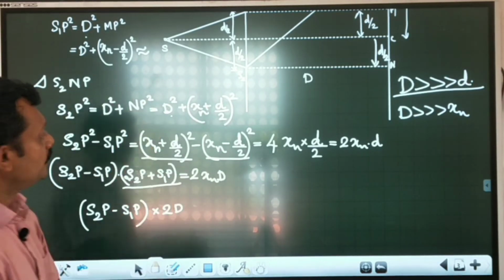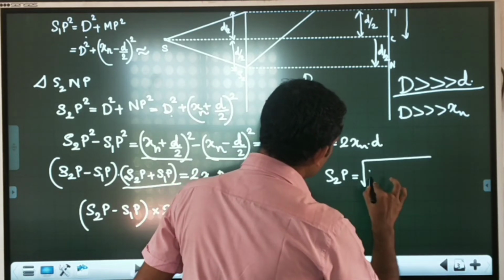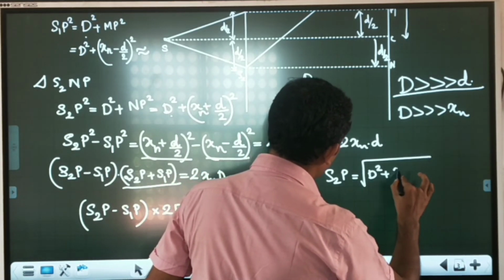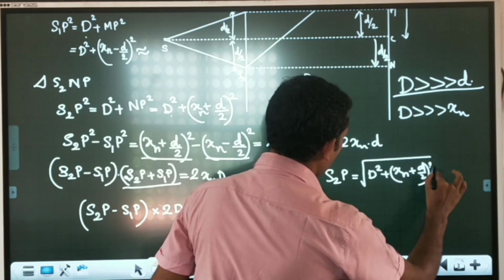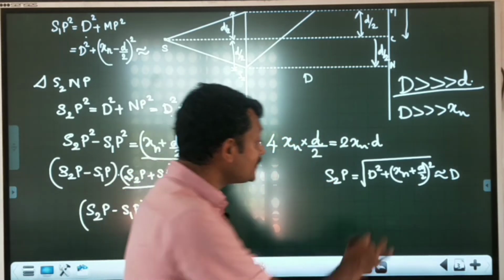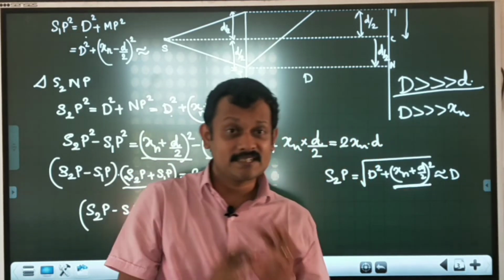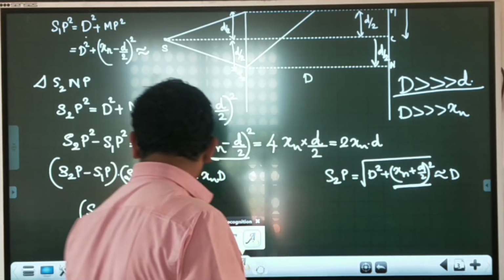What I am saying is, S2P is equal to root of D square plus xn plus d by 2 the whole square, which is approximately D, because the importance of these terms comes in the difference of the quantities. When you take the sum, we can neglect it.